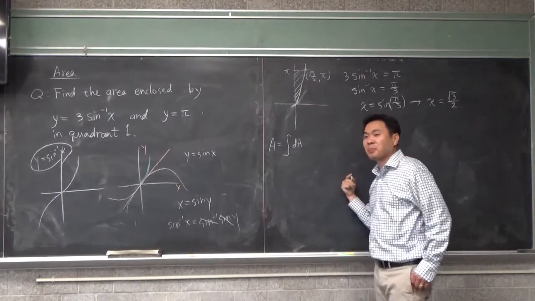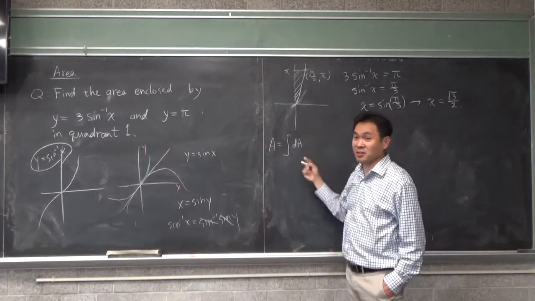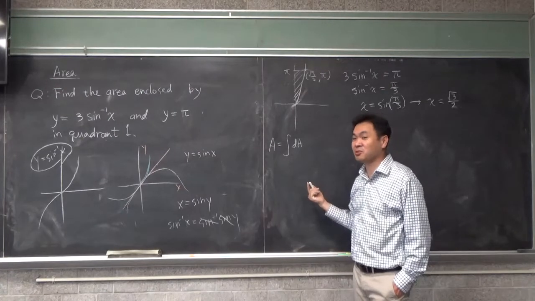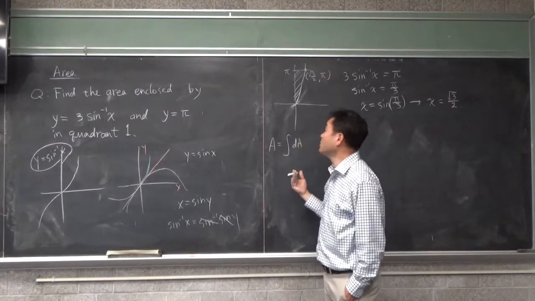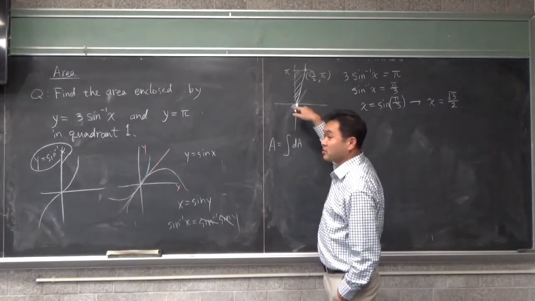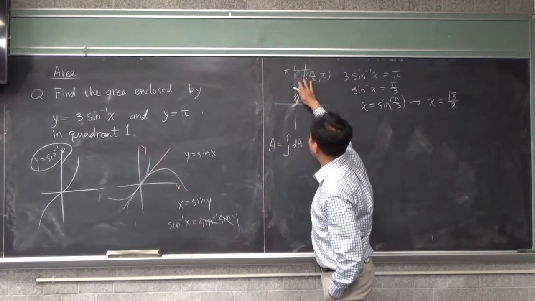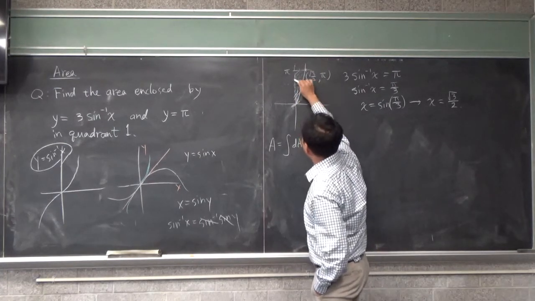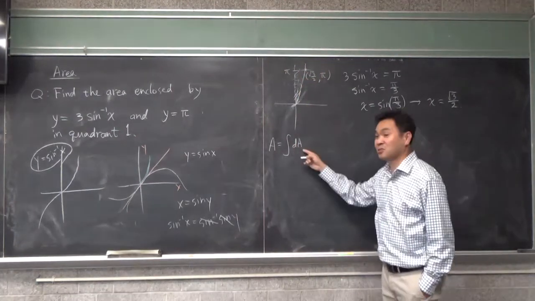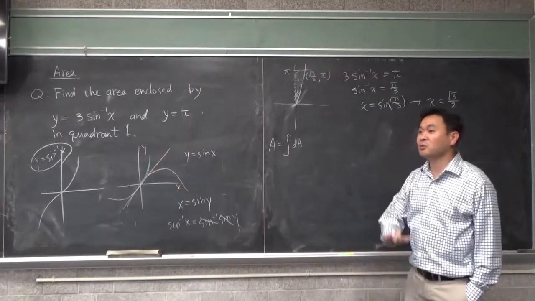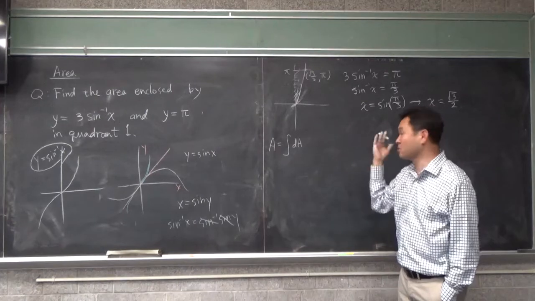Actually, there are infinitely many possible ways to chop this into small dA, which we don't discuss here, but in Calc 2, you can do polar coordinates, and cut it in a radial way, or circular way. Here we only do 2 things: either horizontally chop or vertically chop.